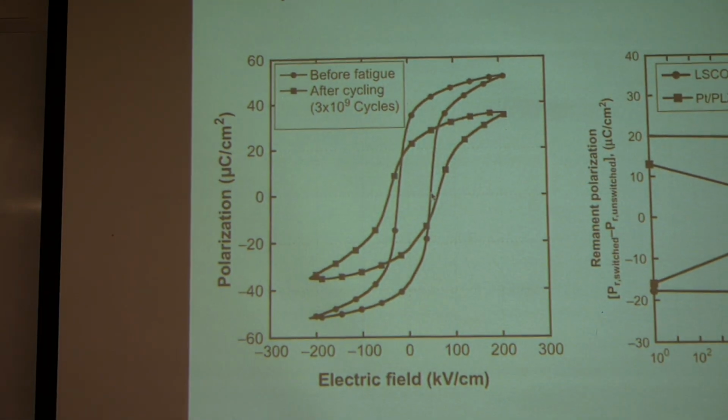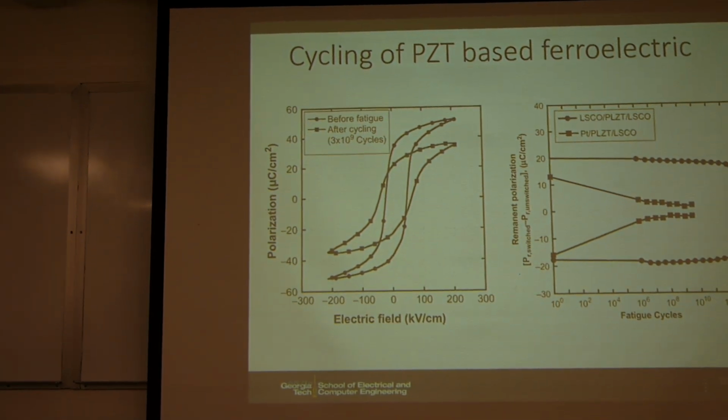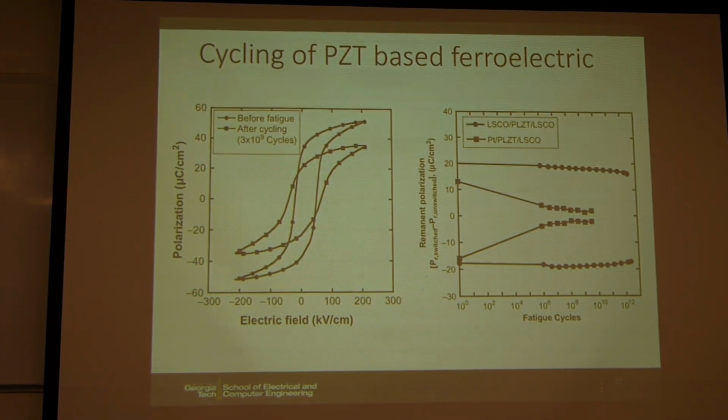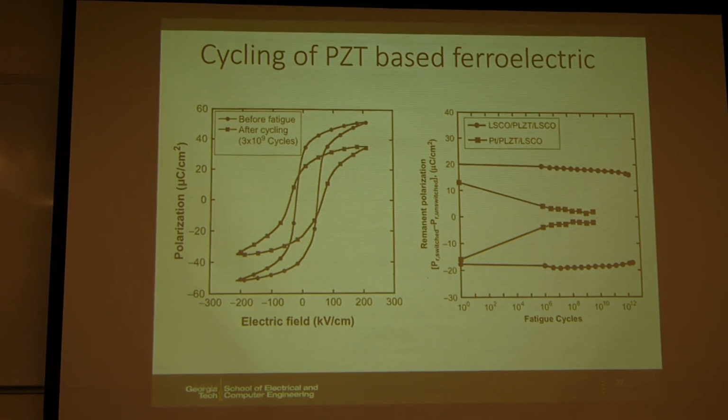Fatigue is due to oxygen vacancy formation, oxygen vacancy accumulation, second phase formation, domain wall pinning, and charge trapping issues. We will talk about this in detail when we talk about hafnium oxide. Also, if you use a metal electrode, the endurance cycle is much less than if you use a conductive oxide electrode.